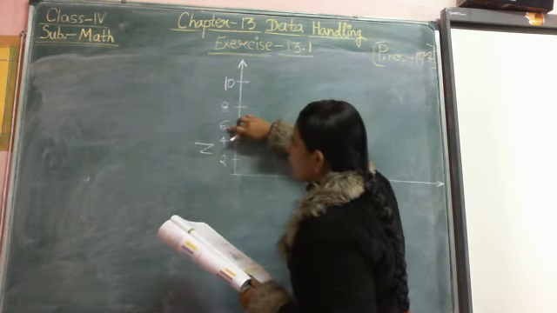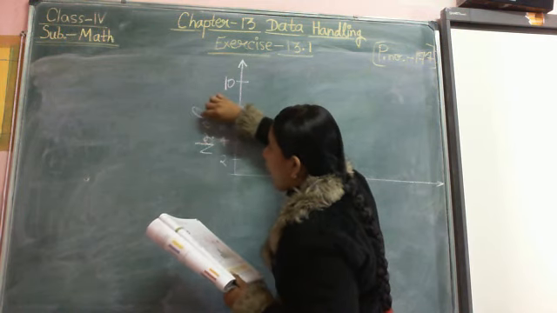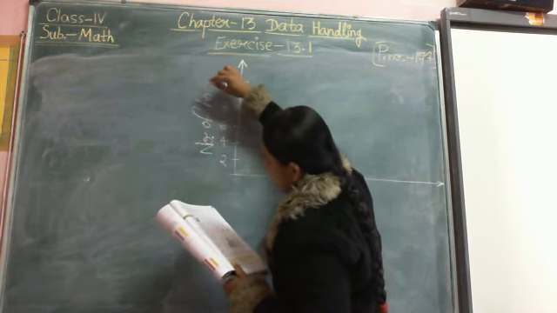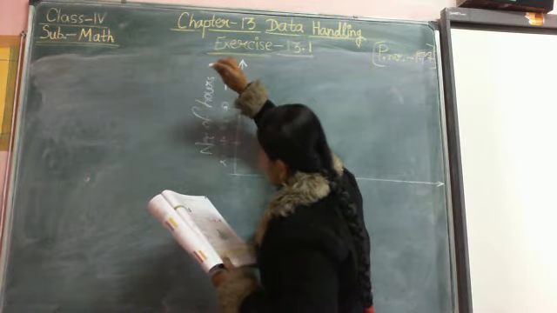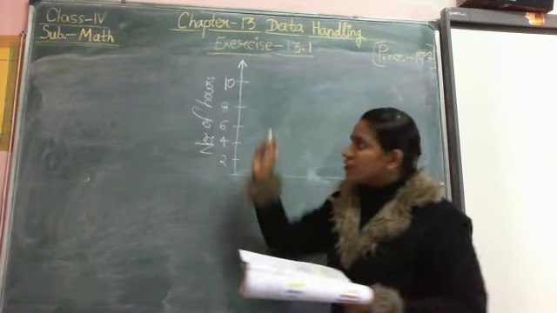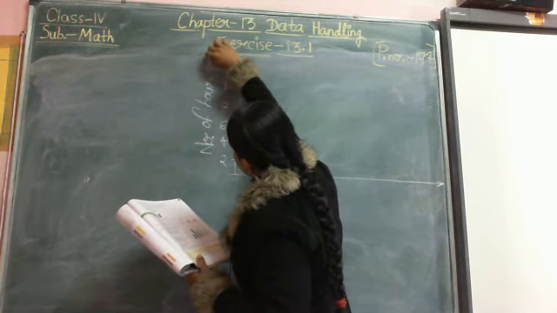What are these 2, 4, 6, 8 and 10? These are numbers of hours. Numbers of hours spent. Right?